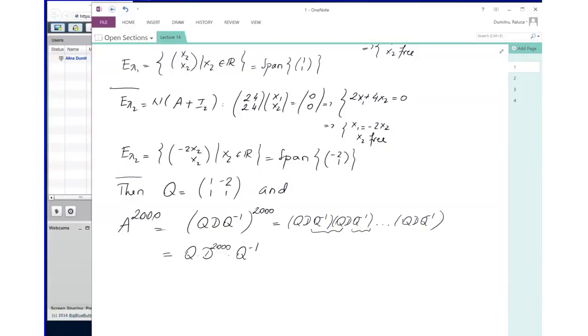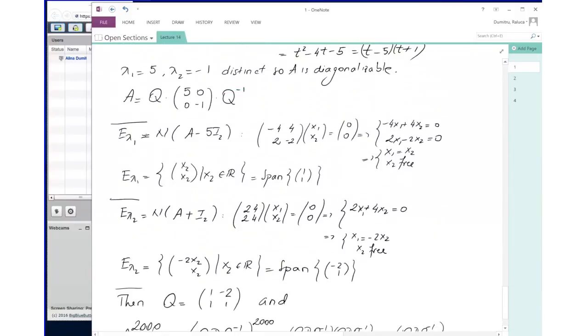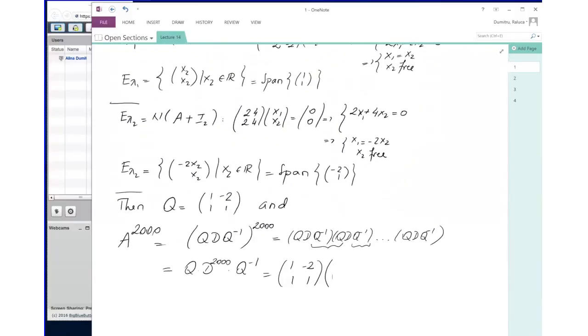But that's pretty easy, because when you multiply a diagonal matrix by itself, you just multiply each entry on the diagonal. So D to the 2000, let's see, Q was 1, negative 2, 1, 1. D was what? 5, 0, 0, negative 1. So 5 to the 2000, 0, 0, negative 1 to the 2000.